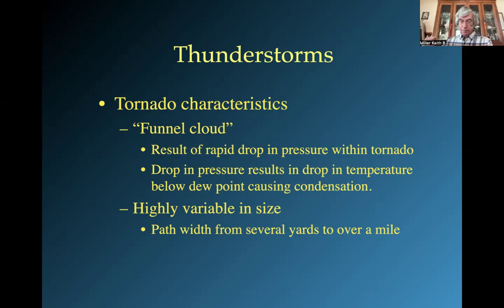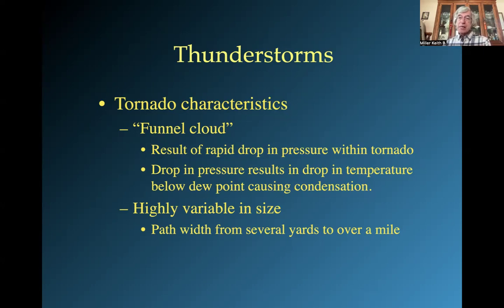So the more rapidly the pressure drops within the rising air, the colder it is. And if it's cold enough, it hits the dew point and water condenses out. So in a tornado, what you're actually seeing is that very rapidly rising air that's cooling off so quickly that it immediately condenses out. So you can see it.